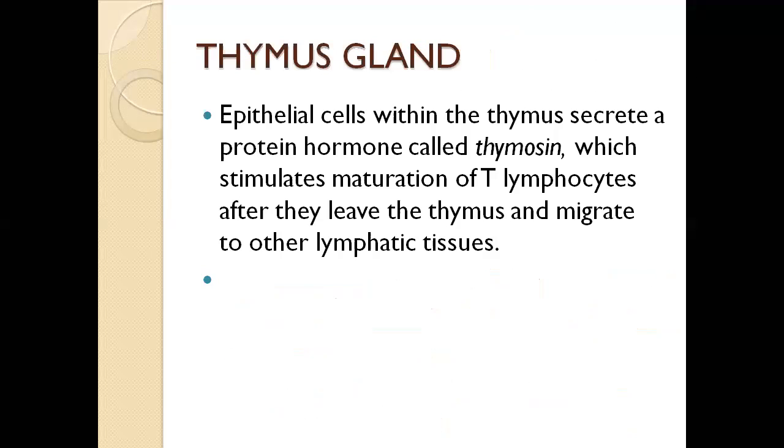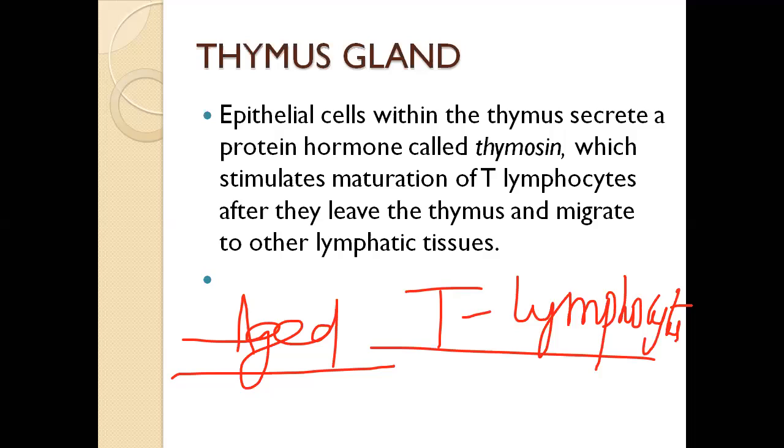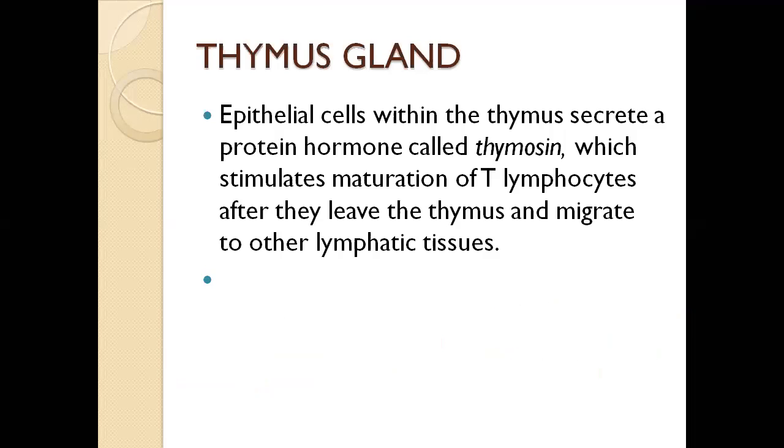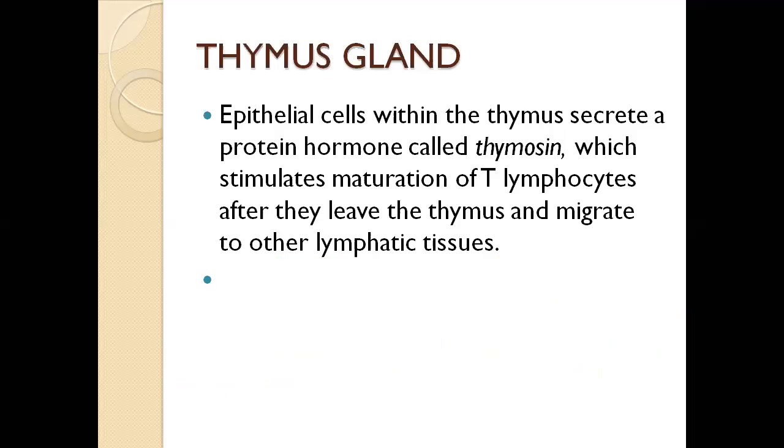Our answer is that in aged people, you will find very few T lymphocytes. That's why we are saying the immune system of aged people is comparatively less powerful than the younger generation. The young have T lymphocytes and B lymphocytes, but the count of T lymphocytes is comparatively less in older people, isn't it?